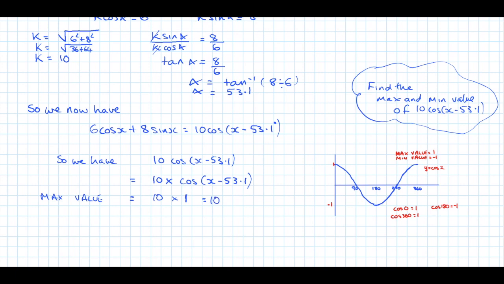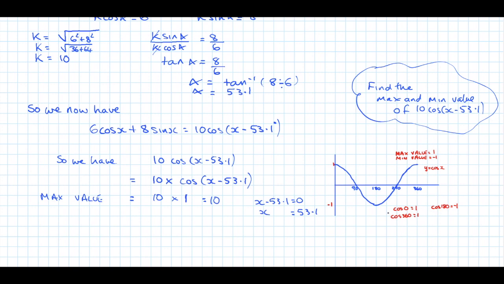When is the cosine at a maximum? Well, the cosine of 0 is equal to 1 and the cosine of 360 is equal to 1. So this x minus 53.1 would have to be the cosine of 0 or the cosine of 360. So that x minus 53.1 would have to be 0. And if we solve that equation, x would have to be 53.1.